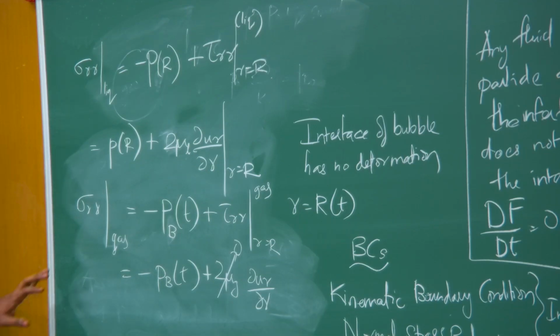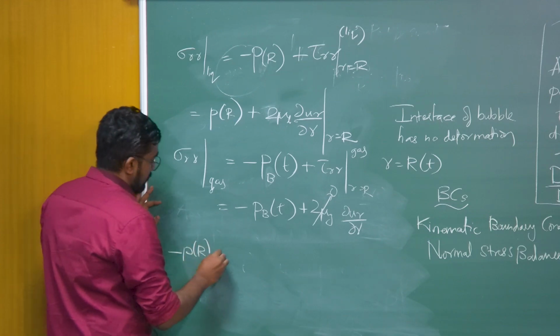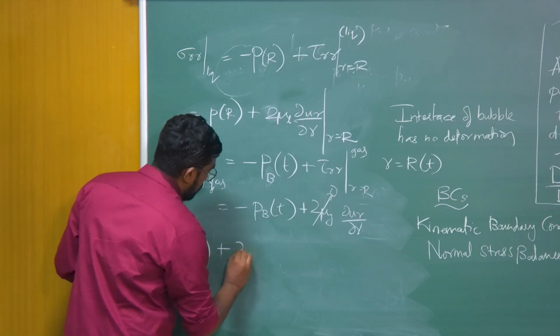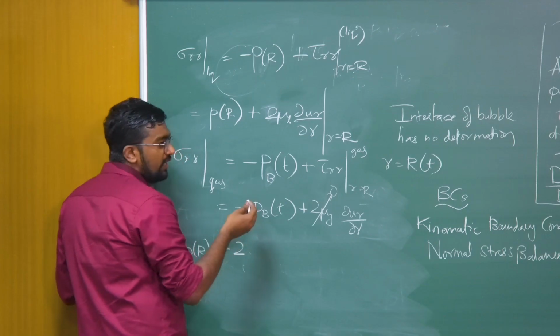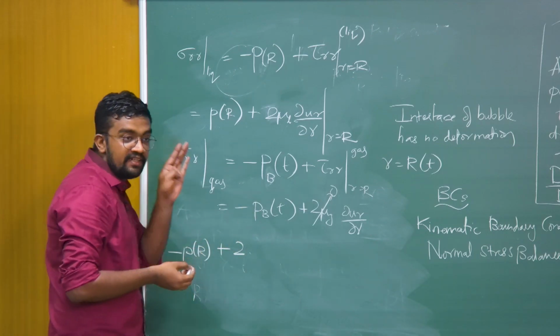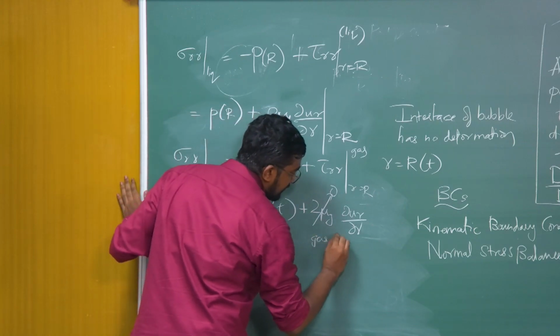Now, we will substitute both these values in the normal stress balance. What we will get is minus P of R plus 2 mu dou UR by dou r. I will call it mu because that is the only significant viscosity here. The gas is inviscid.